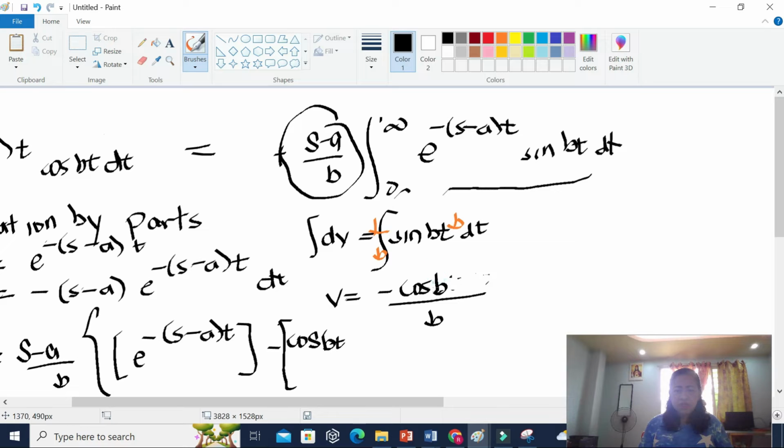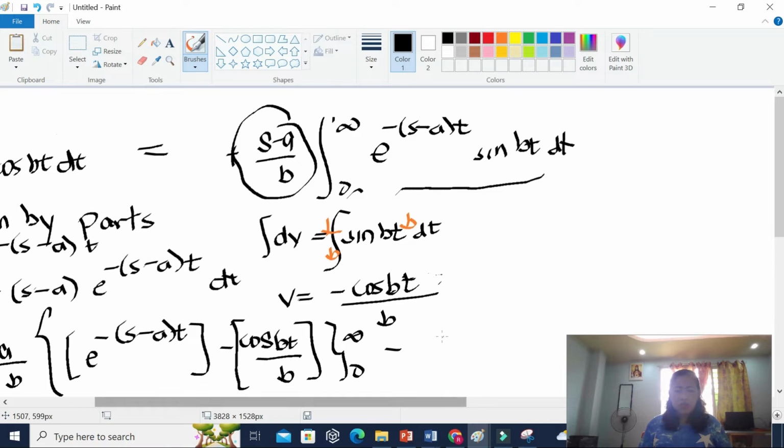Okay, cosine of bt divided by b, to be evaluated from 0 to infinity, okay, no? Tapos, minus the integral of v du, okay, no?